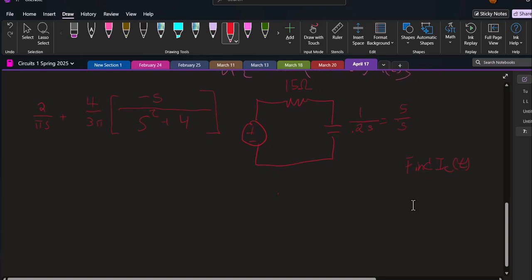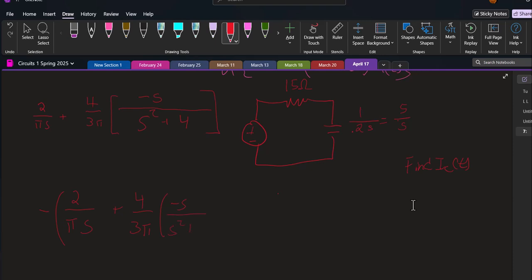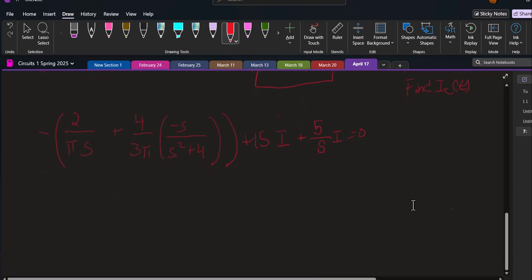You usually will be doing KVL, and I would have minus 2 over pi s plus 4 over 3 pi times minus s over s squared plus 4 plus 15I plus 5 over s I equals 0. And then I take everything that doesn't have an I in it to the other side.